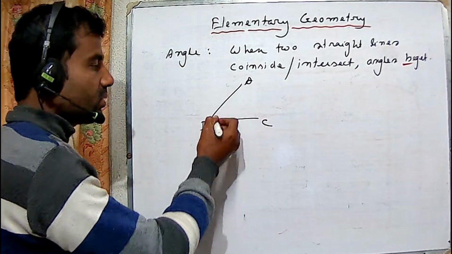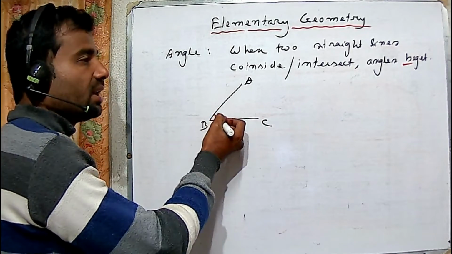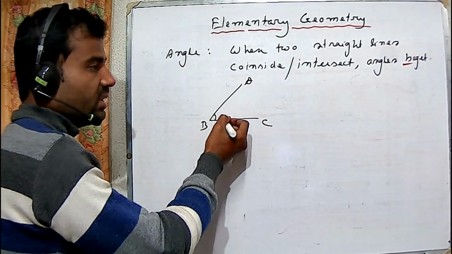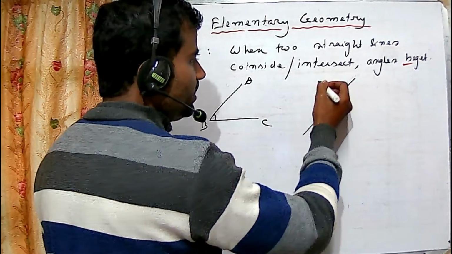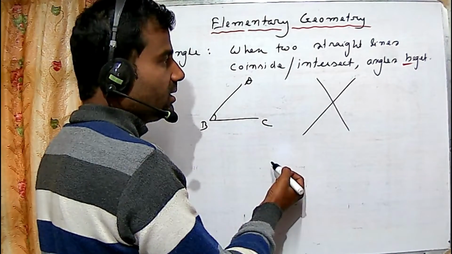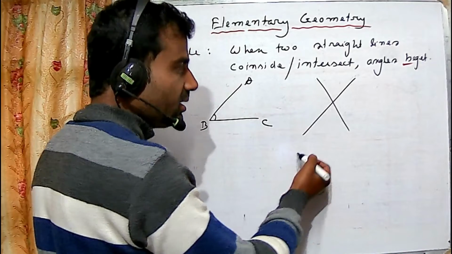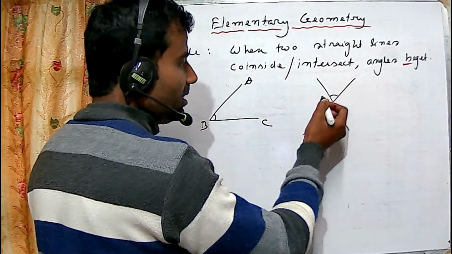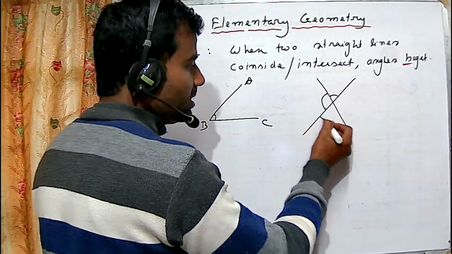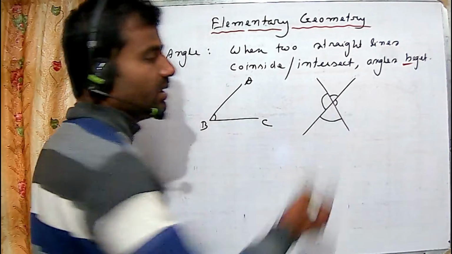Two straight lines coincide here, and an angle begets here. This is an angle. This is a straight line, this is another straight line. They intersect each other. Here four angles are generated. This is an angle, this is an angle, this is an angle, and this is an angle.